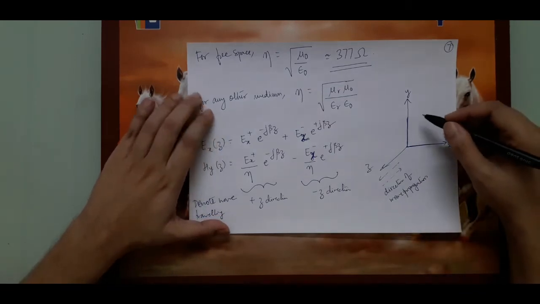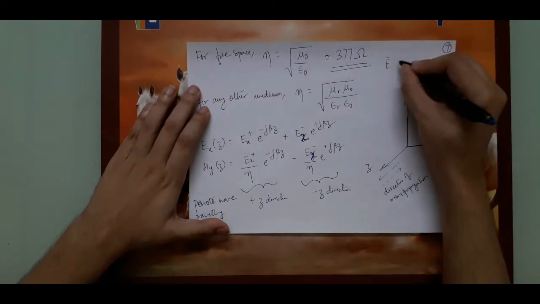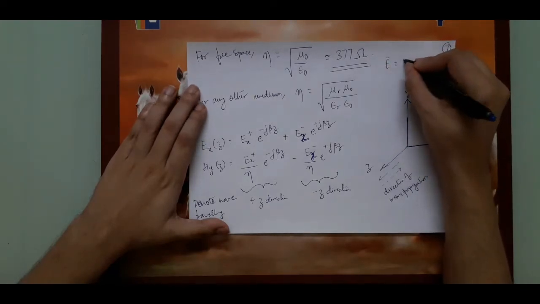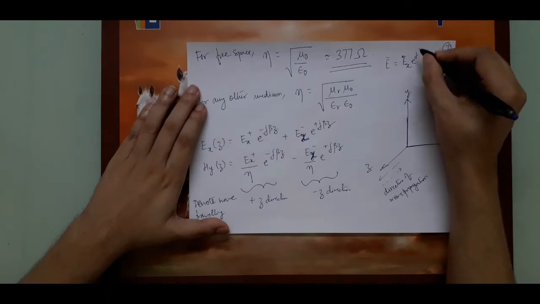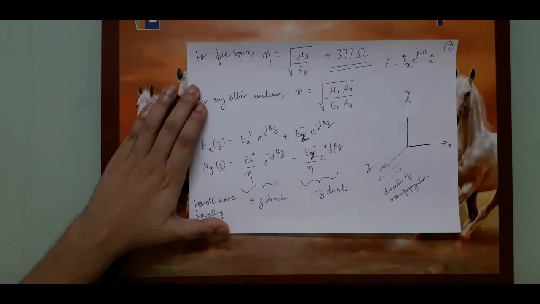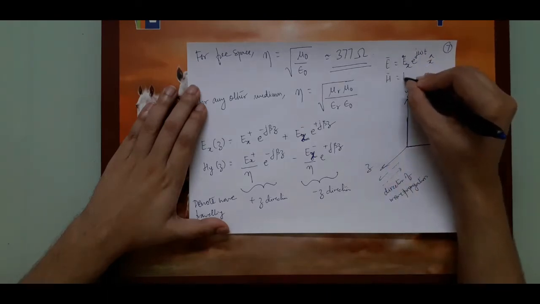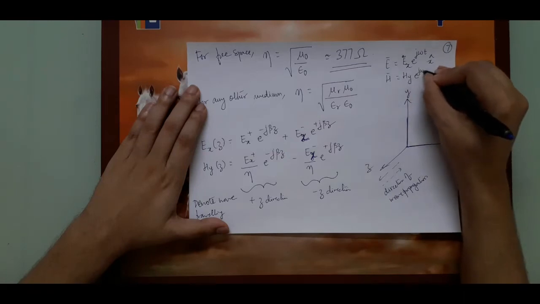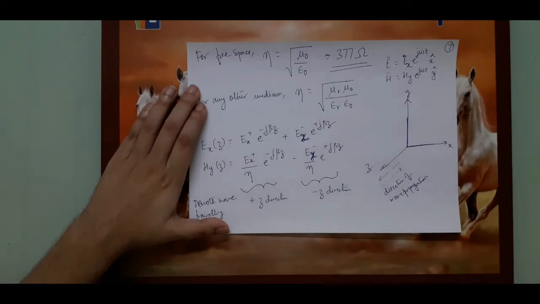Therefore we know that the electric field is nothing but, in this case, the Ex times e raised to j omega t times the x vector, and H is nothing but Hy times e raised to j omega t times the y vector. So therefore, these will exist as sinusoids.